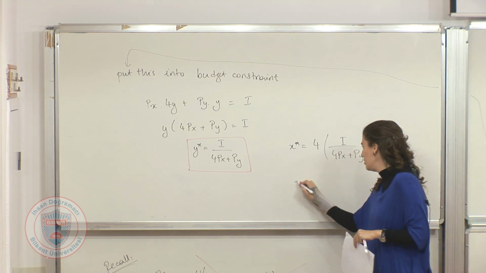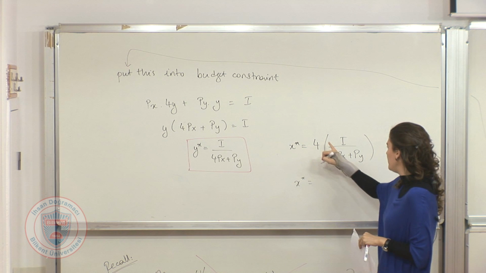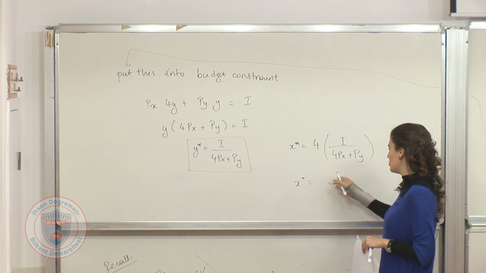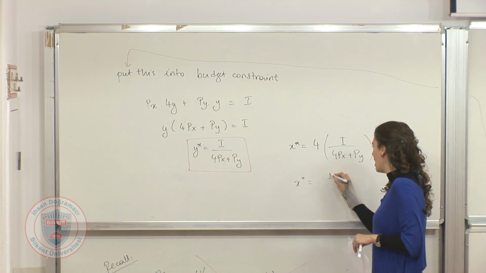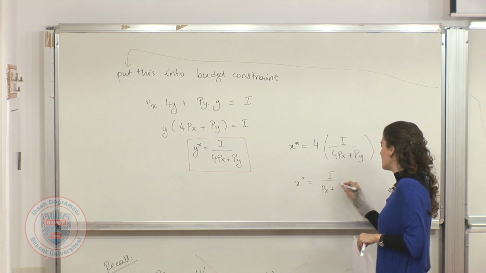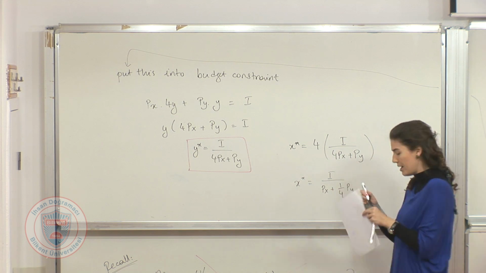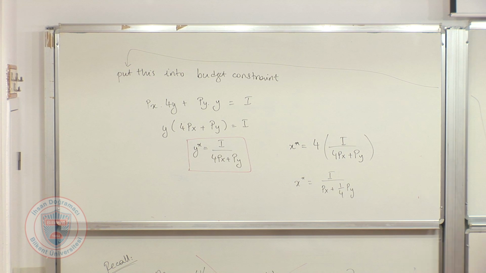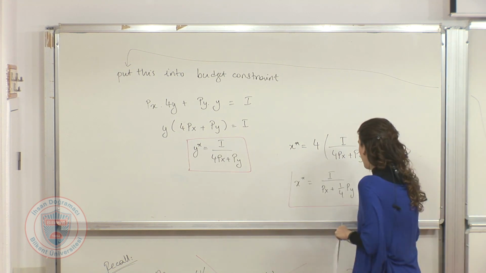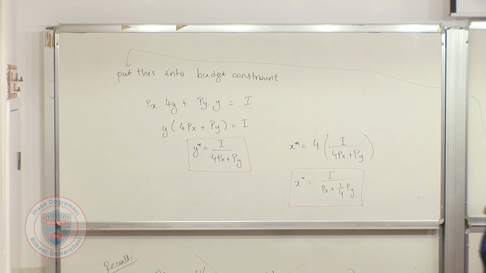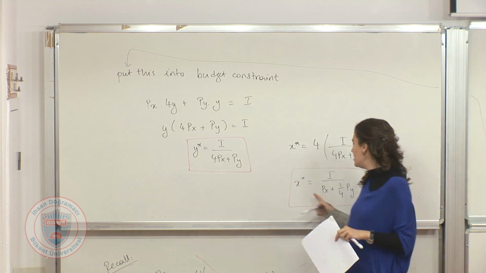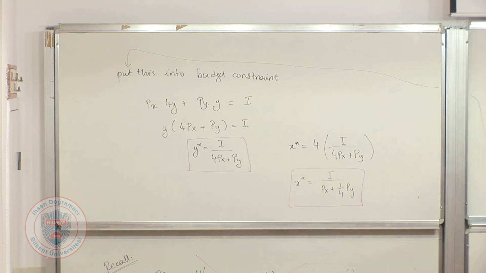If you do this, the 4's cancel out, and you have to take the 4 into the parentheses as well. It's I divided by px plus 1 over 4 py. So once you know how to solve for perfect complements, that's easy. This is the demand curve for y, and this is the demand curve for x.